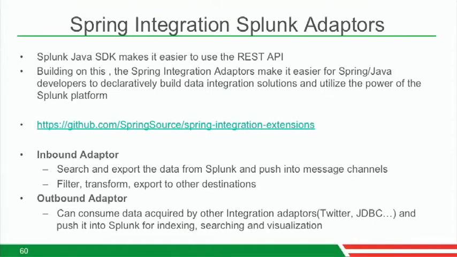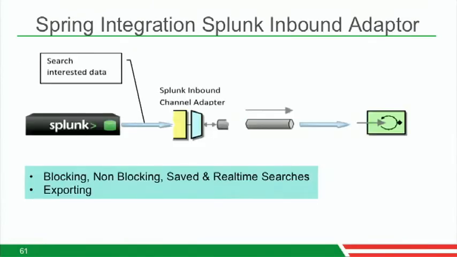Conversely, with the inbound adapter, you can pull data out of Splunk, perform some additional transforming and filtering in Spring, then forward it out to another destination that utilizes another one of the Spring Integration adapters, like the JDBC adapter or the MongoDB adapter. Here are some simple diagrams of how these adapters are architected at an enterprise patterns layer.